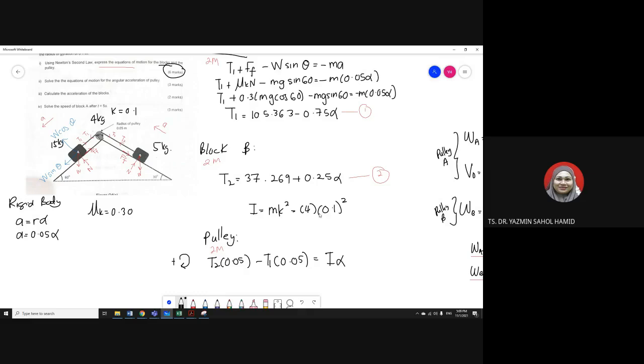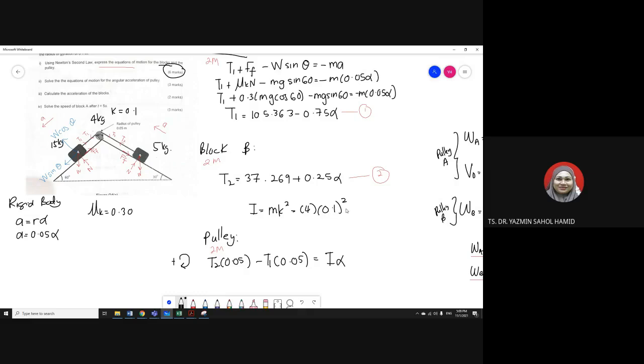Wait. Radius of pulley is 0.05. Radius of gyration is 0.1. Let me read the question. Radius of gyration is 0.1. Can you please calculate for me 0.1 squared times 4?